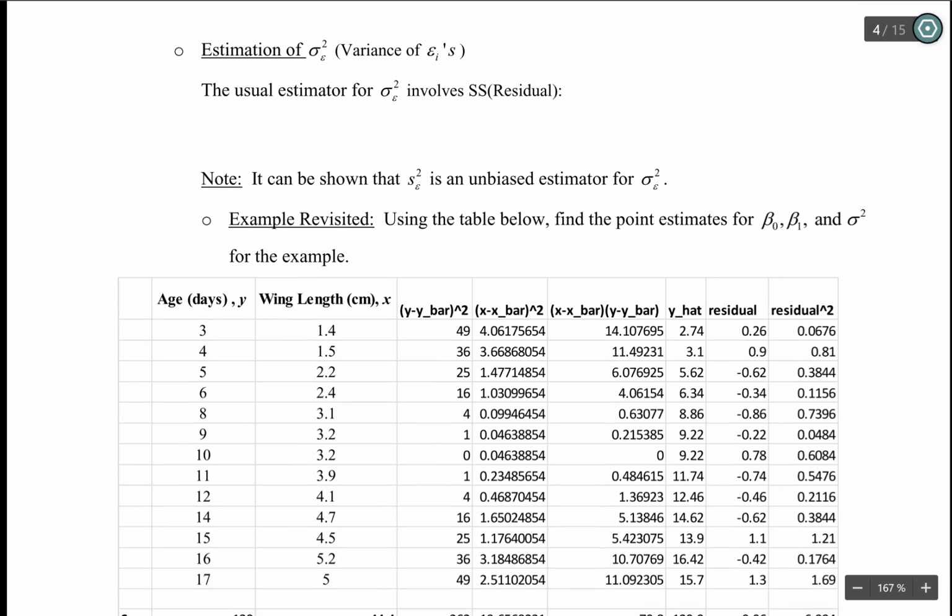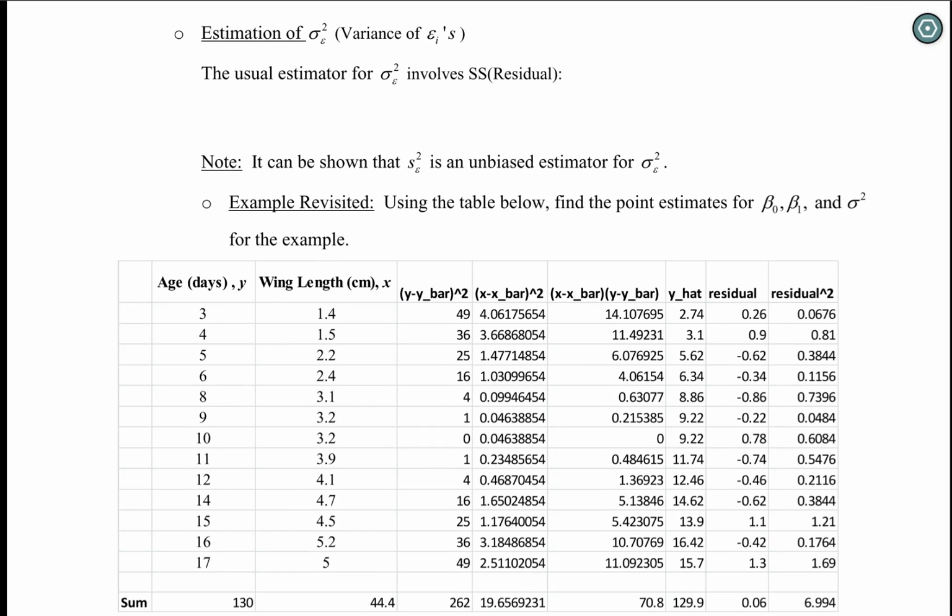Now, moving along, the other parameter that we want to estimate is the variance of the error terms. The usual estimator for the variance of the error terms is, oh, I've got my notation wrong here. Let me fix that.